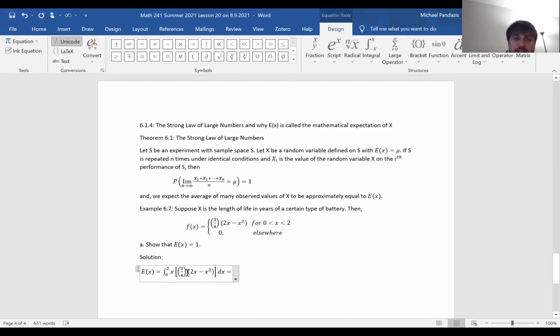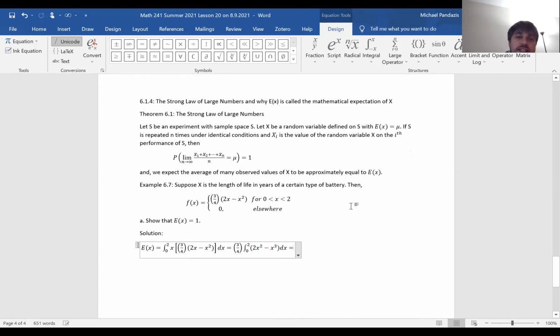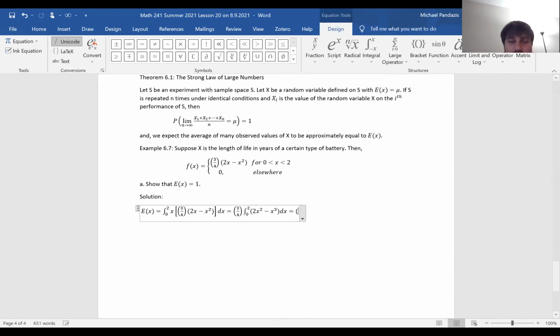Now the 3/4 can be moved outside the integral, and then you have the definite integral from 0 to 2. x times 2x minus x squared is 2x squared minus x cubed, dx.